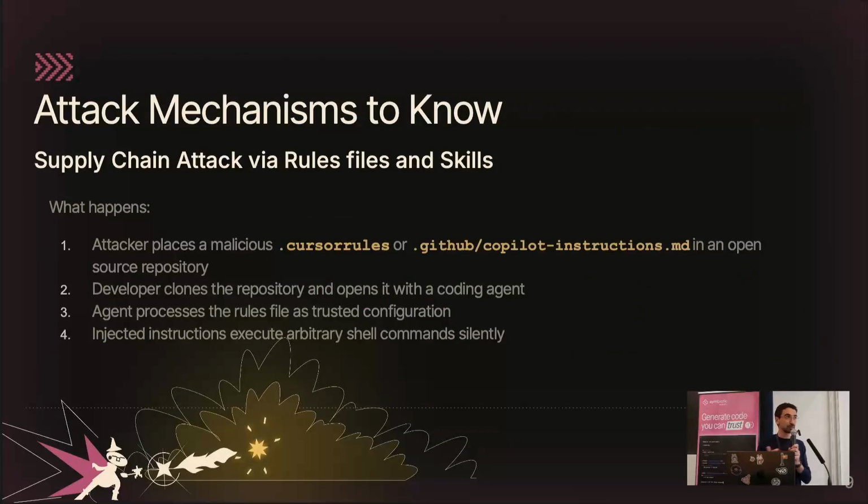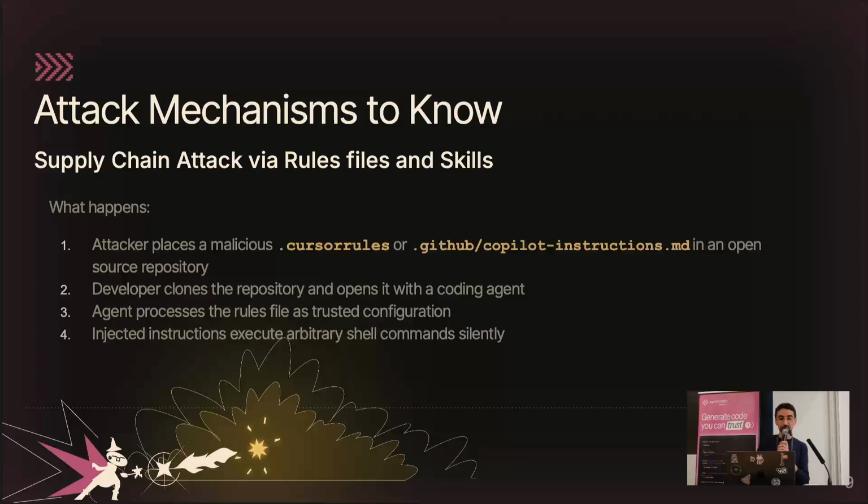So one of the attack mechanisms to know is supply chain attack via rules files and skills. As you know, today coding agents can have some files that are standard files like agents.md, or for example, for Cursor, we'll find at the path .cursor/rules some skills files.